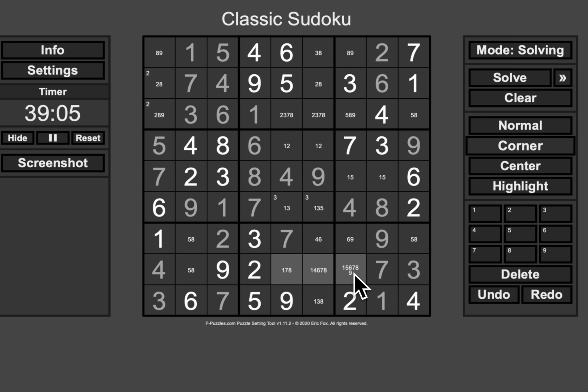Let's see, none of these cells can be a 7. Let's see, what else can I do here? Still haven't ruled out.